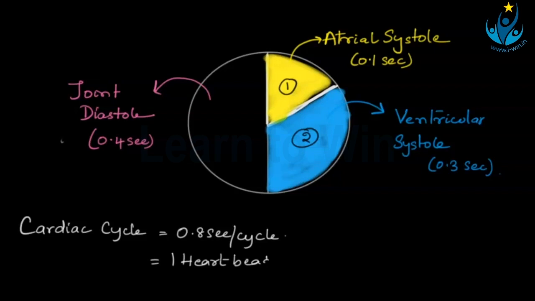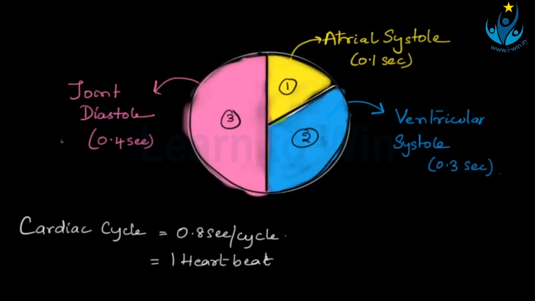Your heart beats once every 0.8 seconds, because of all the events that are happening in the cardiac cycle, which lasts for a total of 0.8 seconds. So let us put our joint diastole's color also here in the pie diagram, to make it look very beautiful. Right, so this is the joint diastole.